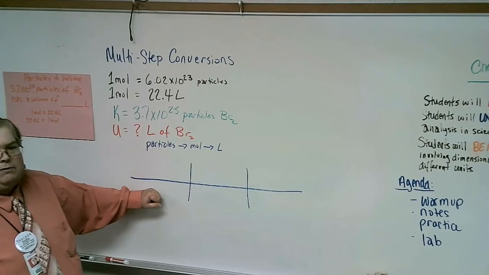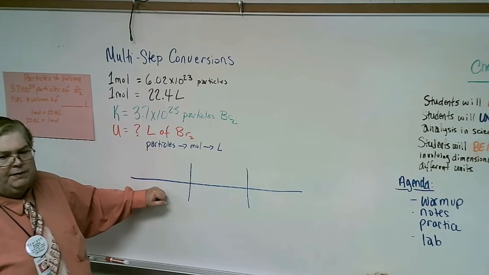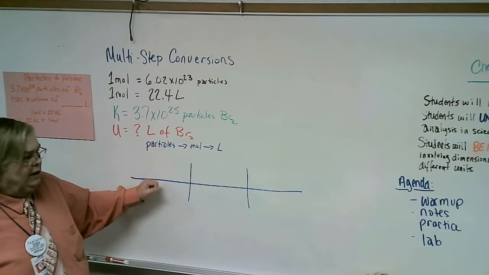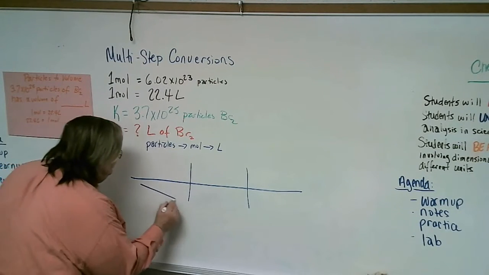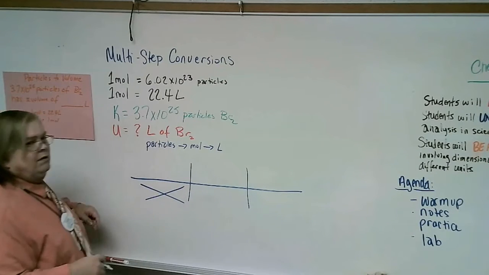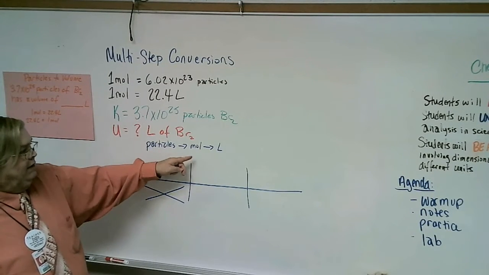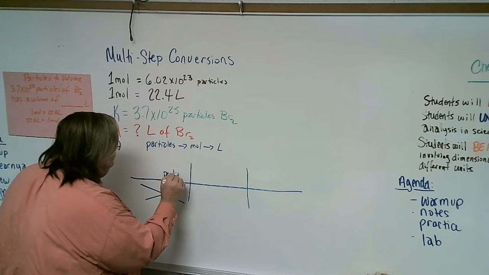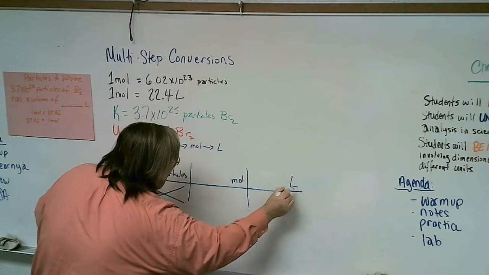Now we know the bottom one right here, we're not going to be using for this purpose. So we can either put a 1 in it, which turns the whole thing into a fraction, or we can put a big X to let us know we don't need it. Then we can fill in our math path at the top: particles, mole, liter.